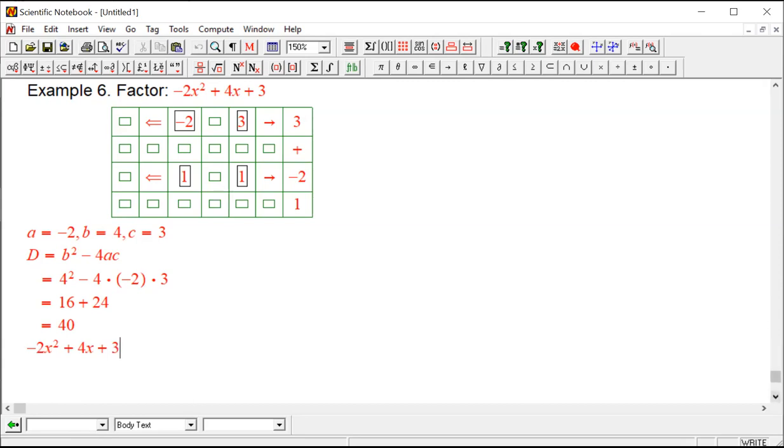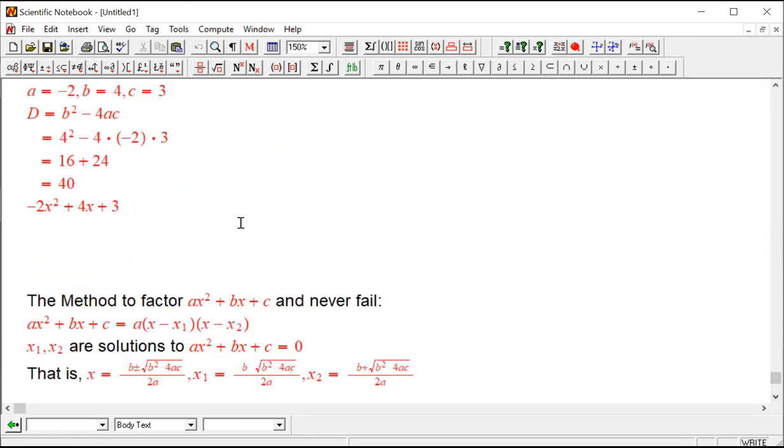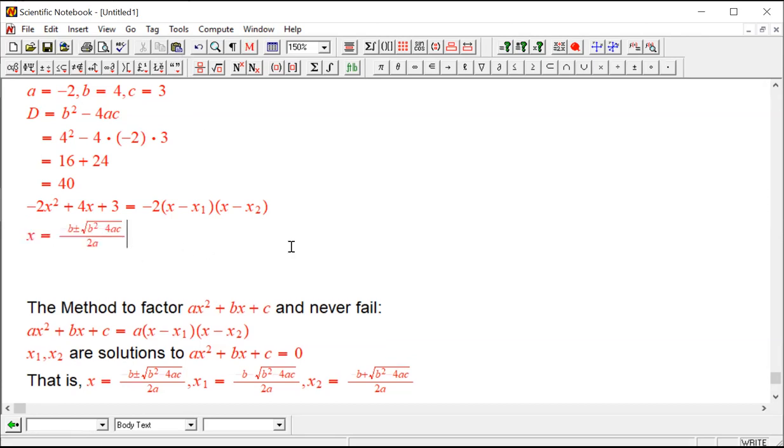I'm not quitting factoring because I know I can find a factor using other means. So x minus x sub 1 multiply x minus x sub 2. And we know how to find x sub 1, x sub 2, don't we? Quadratic formula, right?